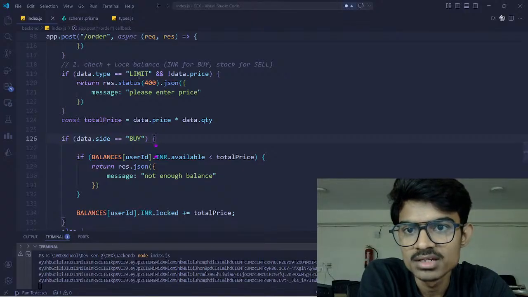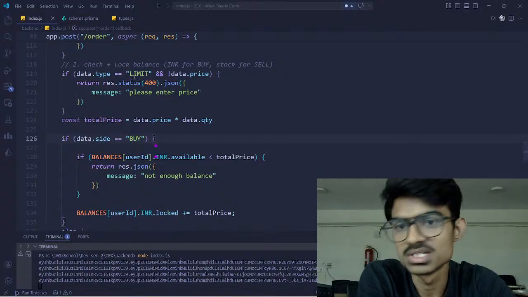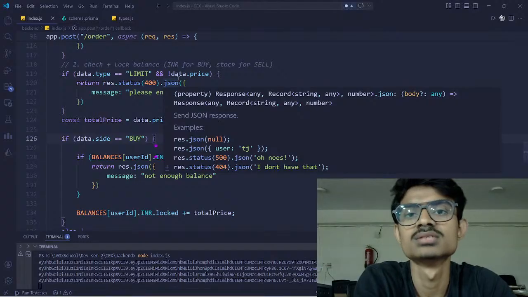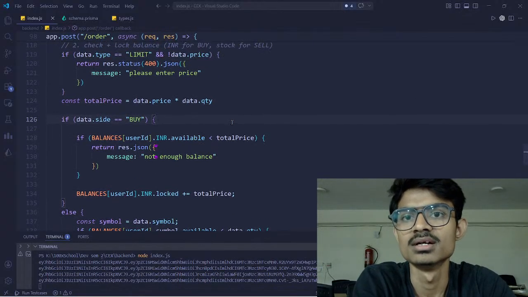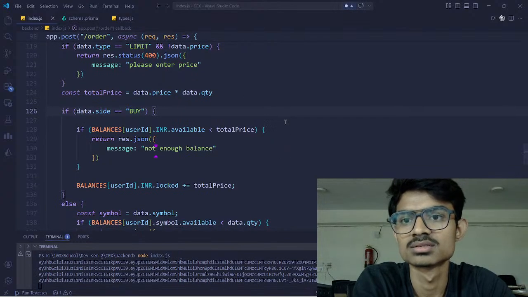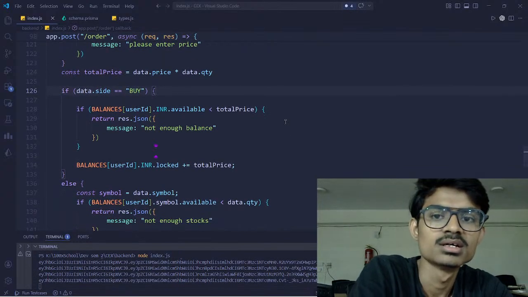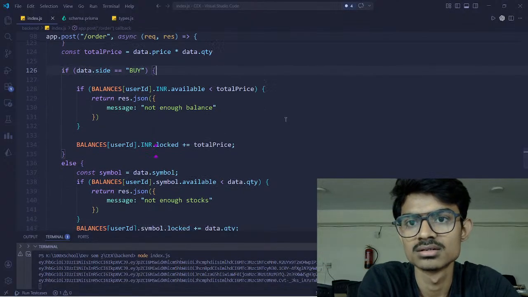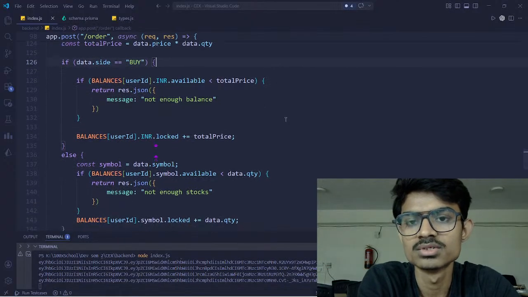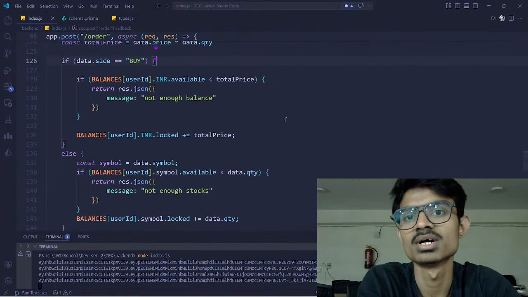Okay, this is fine: if data.type is limit and we are not given a price, please enter a price, total price, and if you are buying we do this, you're selling, do this. If it's a market order, we don't have to check the price, just this.